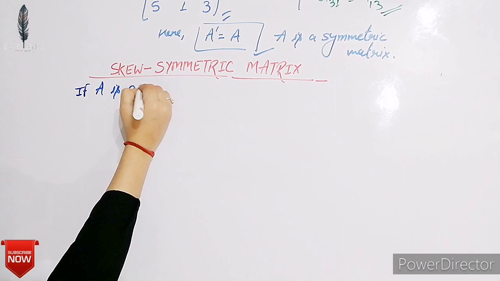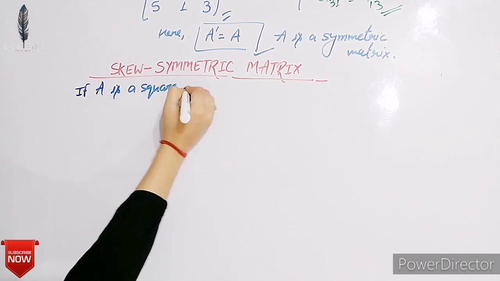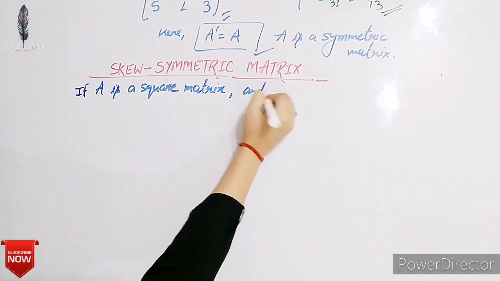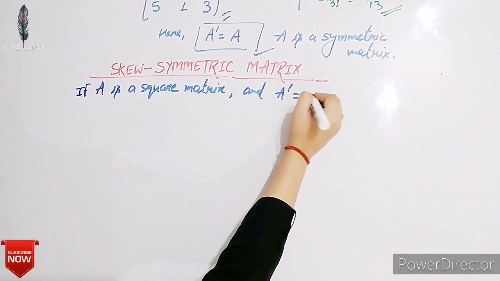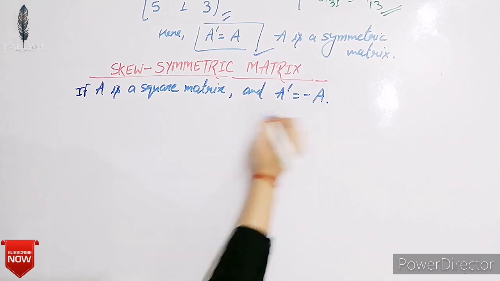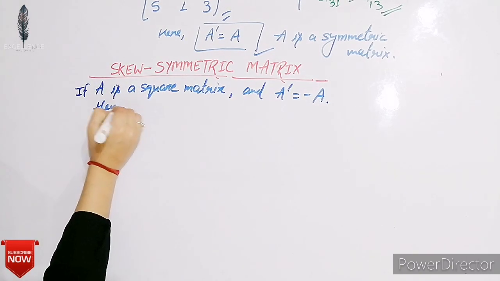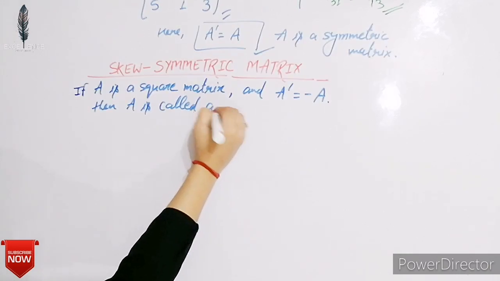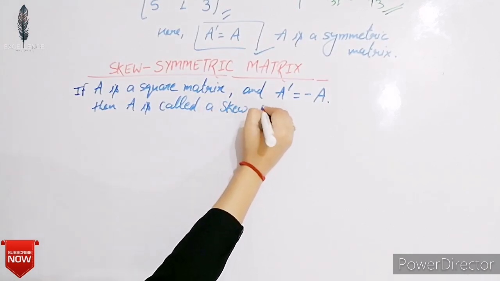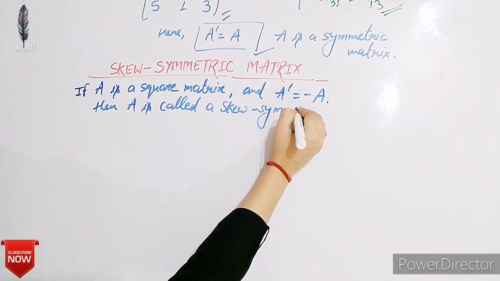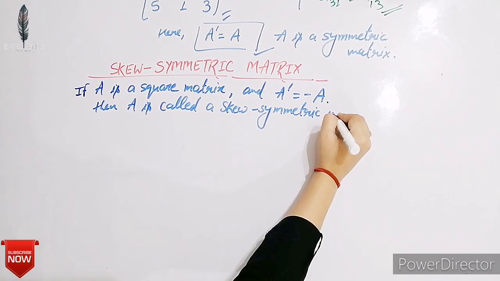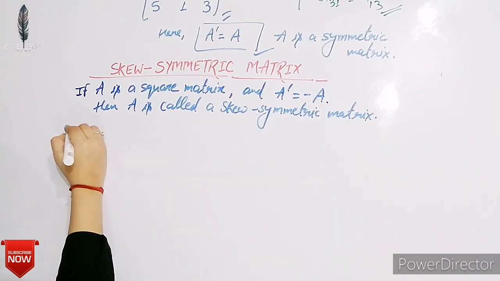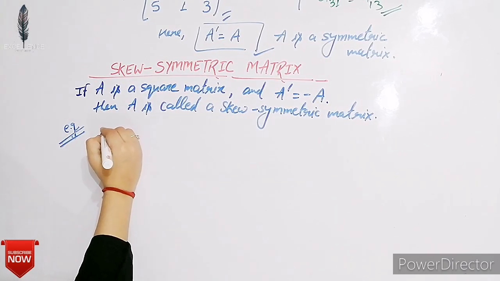If A is a square matrix and A dash equals -A, transpose of A is equals to negative of that matrix, then A is called a skew symmetric matrix. When A dash equals to -A, then it is skew symmetric matrix.